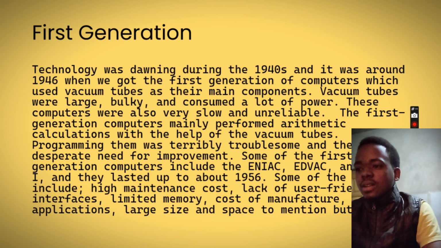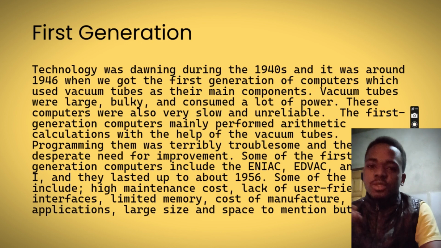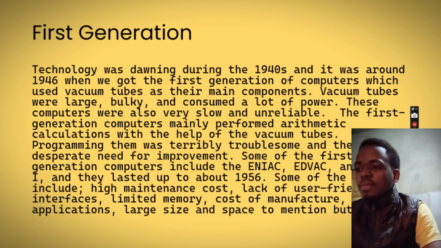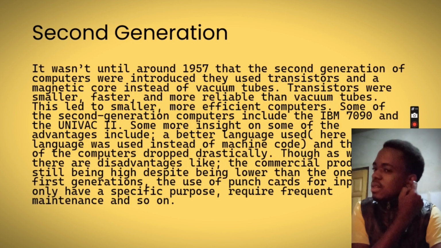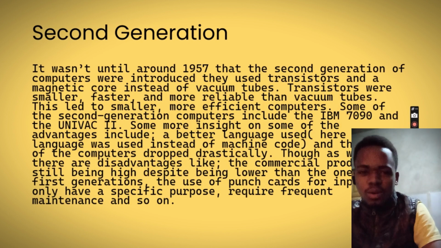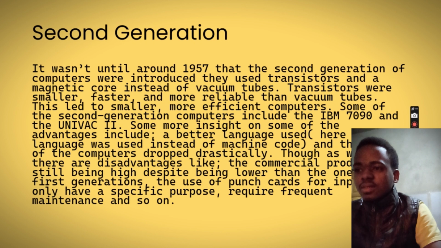Some of the setbacks, additional to the ones I mentioned above, include the high maintenance cost, the lack of user-friendly interfaces, limited memory, the cost of manufacture, limited applications, and large size. Even the space needed was too much. Imagine one computer taking up a whole room. It's a no-brainer.